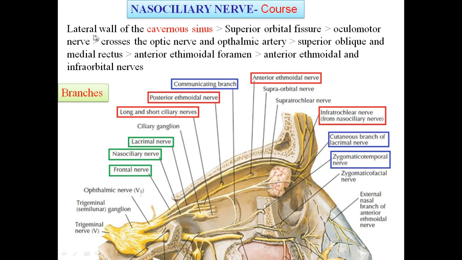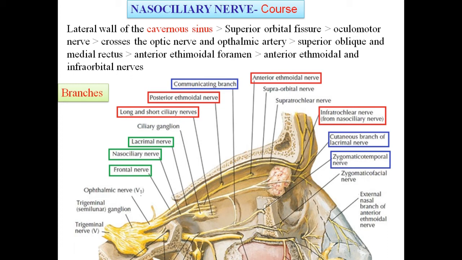It enters the lateral wall of the cavernous sinus, and from there it exits the sinus, enters the orbit through the superior orbital fissure, and passes between the divisions of the oculomotor nerve, because that nerve divides into a superior division and an inferior division.